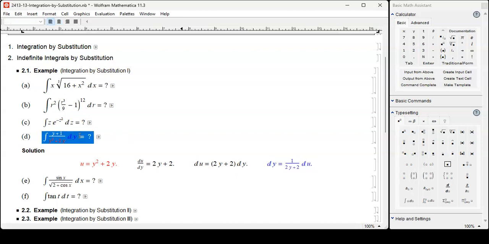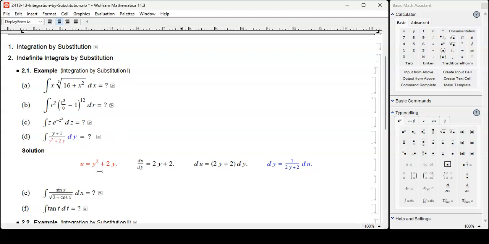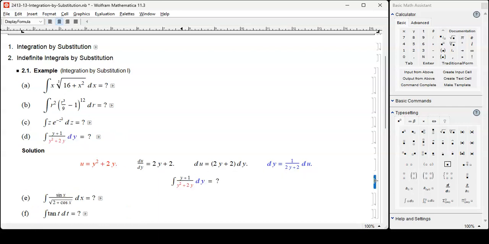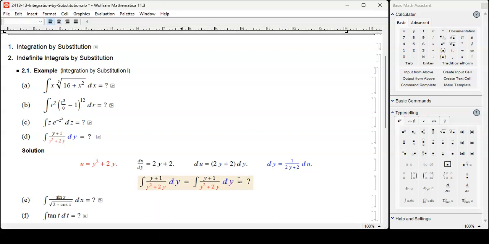So in this original integral, we have fractions, so let's take a little bit larger fonts to see it better. And this can be rewritten as u here, no question there. And then this one here, you can replace like this. Let's bring back the color. Okay, so far so good.